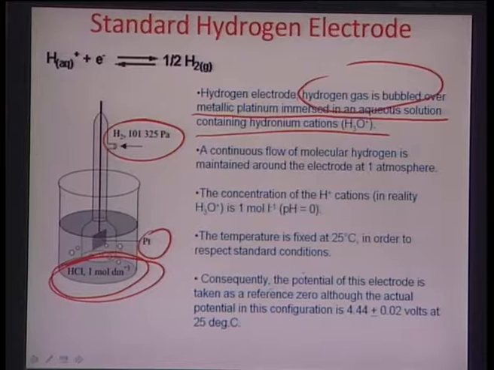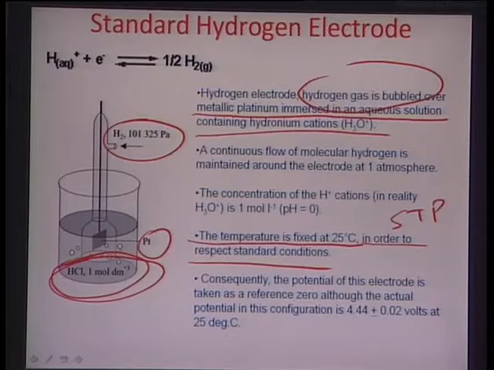The temperature is fixed to be 25 degrees Celsius in order to get standard conditions. It is called the standard temperature and pressure, STP, conditions, and consequently the potential for this electrode is taken as the reference 0, although the actual potential in this configuration comes out to be about 4.4 plus minus 0.02 volts at 25 degrees Celsius.